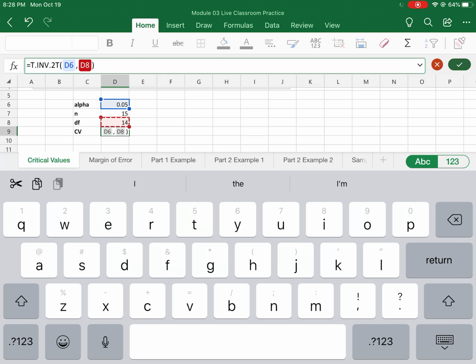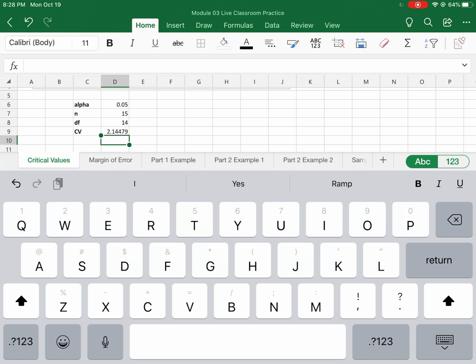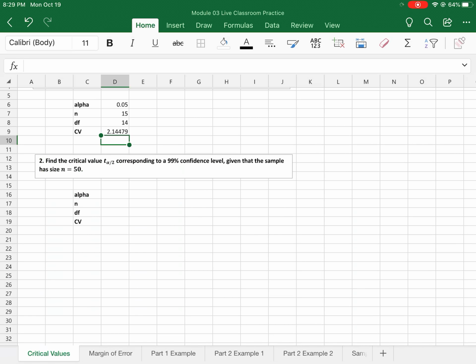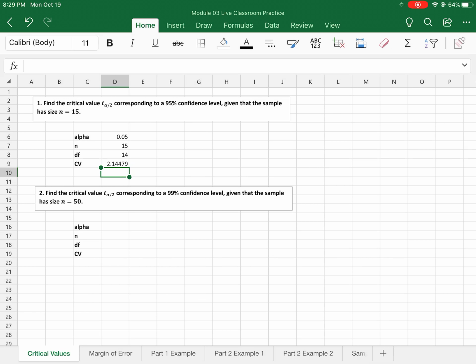Okay, so that's this box right here. And then I'm going to hit enter. And I get my score there, 2.144. So I'm just going to leave this like that. I don't need to round it here because, again, this is where I'm showing my work. And if you were to write that in your Word document, then you could go ahead and round. Okay. So example 2, very similar to what we did with example 1.